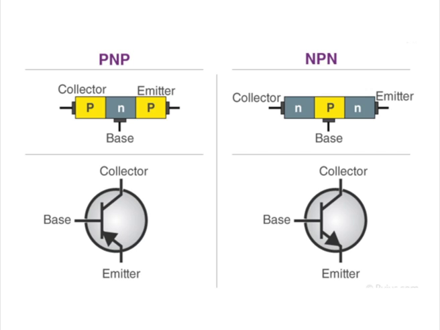Whereas for an NPN transistor, the middle terminal is P and the two corner edges are N, so the arrow is outside. In the PNP transistor, we take the middle region as the base, and of the two edges, one is the collector and the other is the emitter, for both PNP and NPN transistors.